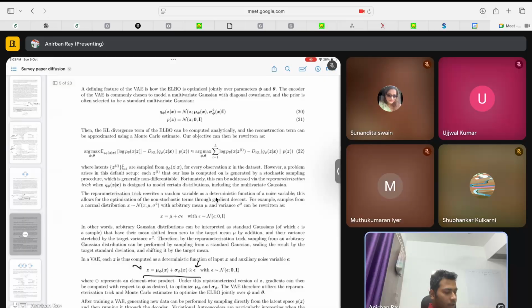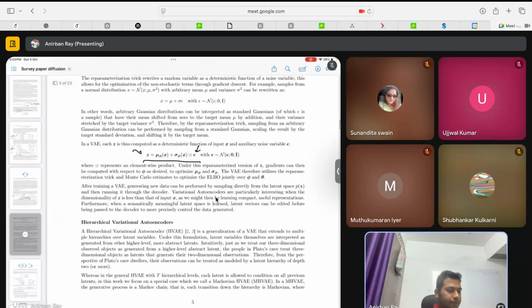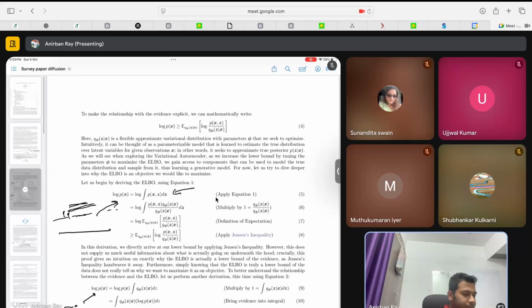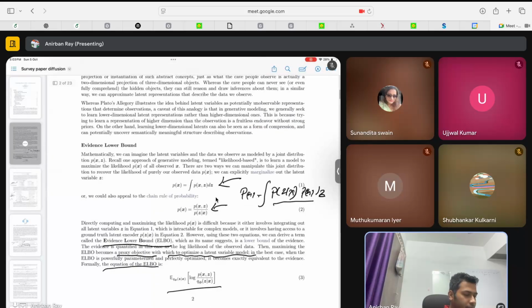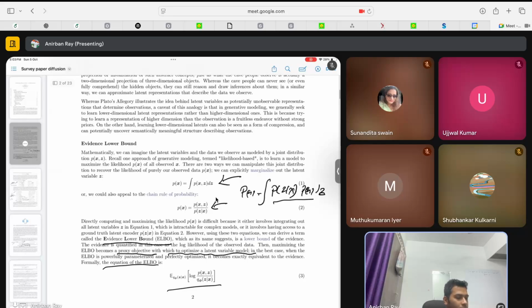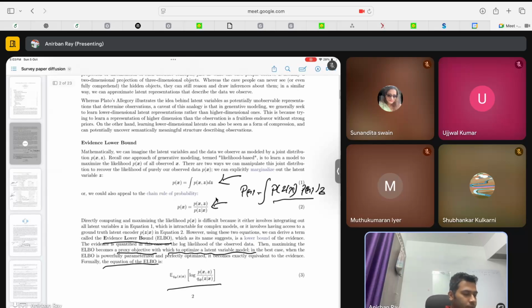Okay. So we have learned till VAE. And in VAE, what did we see? As you can see from the slides I am presenting, we needed to know the data distribution, which is p(x).